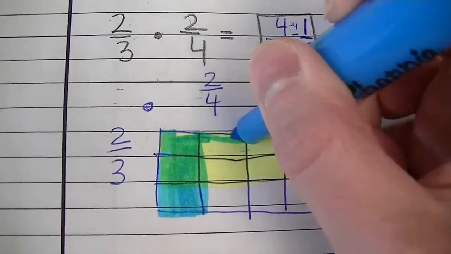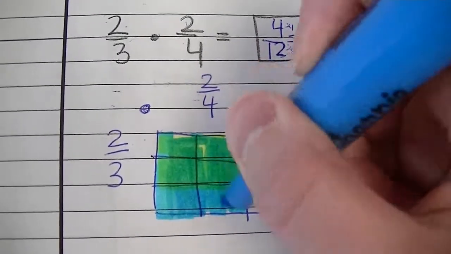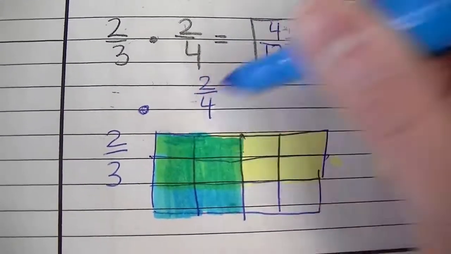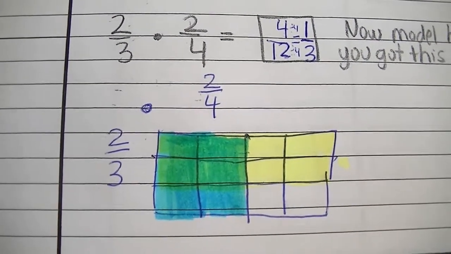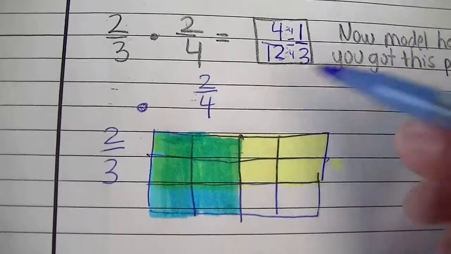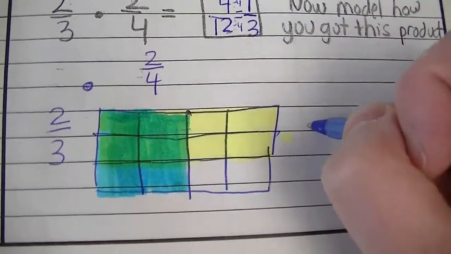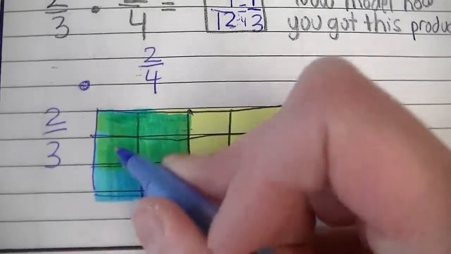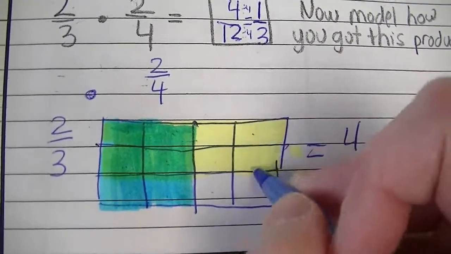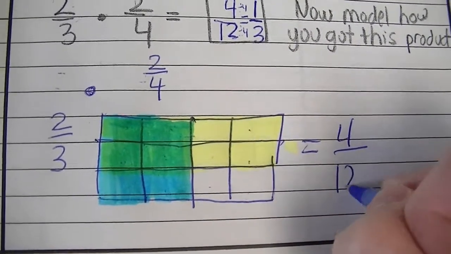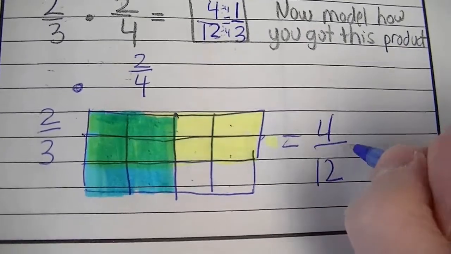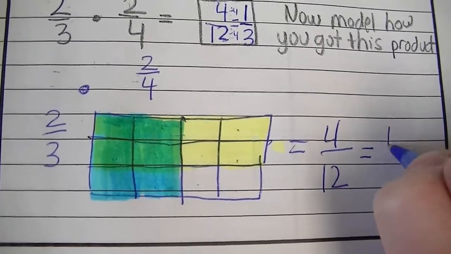There's 1 column. There's the second column. Okay, and you'll see the part that is green would represent my answer. 1, 2, 3, 4 out of the 12 boxes, okay? And that also simplifies down to 1/3.